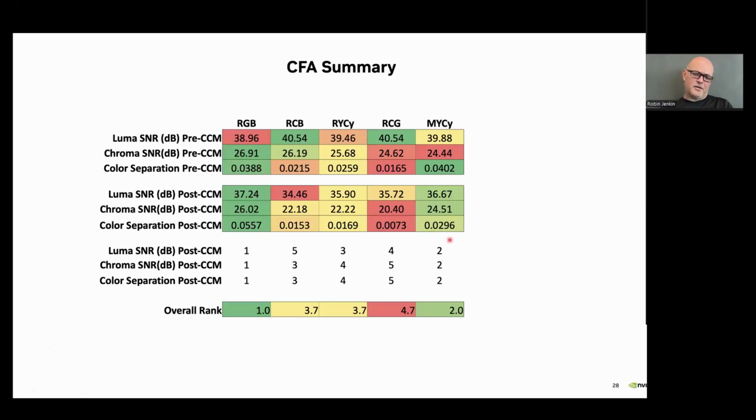The lighting simulation matches the trends of the spectral simulation really well, and we still think that RGB is a really good candidate for automotive systems, with MYCY maybe being a close second candidate, and maybe we'll start investigating that a bit further with some hardware.